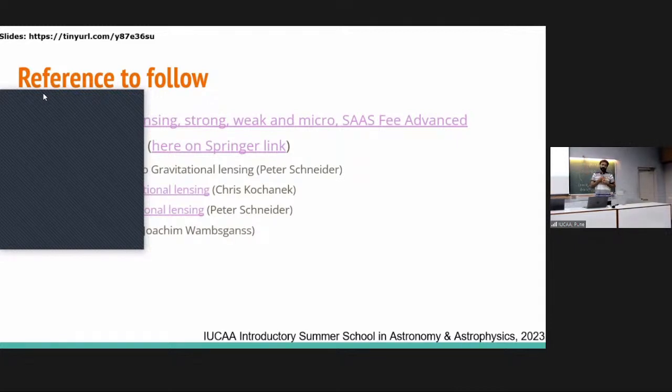Then there are people who are working on strong gravitational lensing of gravitational waves and how the waveforms change because of gravitational lensing. And then at IUCAA, Anupreeta and her students are trying to work out the effects of microlensing on gravitational waves. So at different scales, people are studying these phenomena.